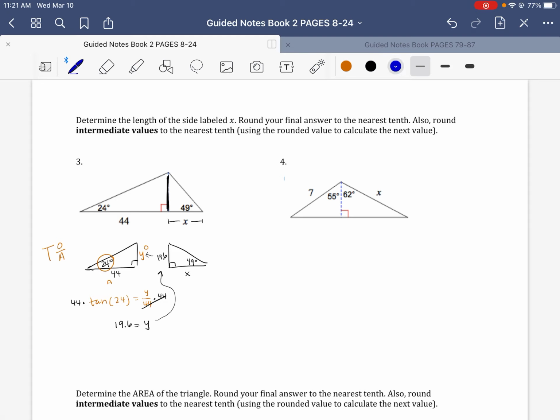Now I can find the value of x. So here's my reference angle. I know the opposite side is 19.6, the adjacent side is x, so I can set this up as the tangent of 49 is equal to 19.6 over x, and then again I just solve. So times by x, divide by that tangent.